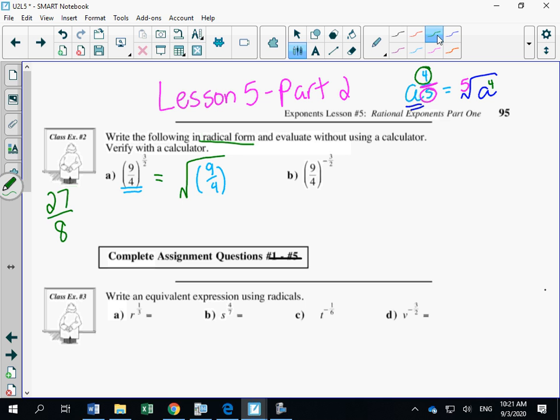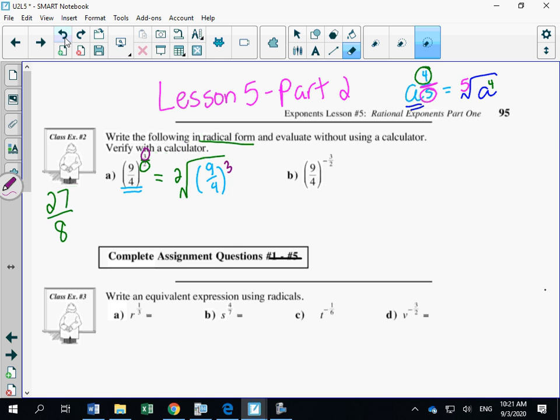Then I look at my fractional exponent, and I say my root is 2. I will erase it, I'm just going to write it for now. And my power is 3. Okay, so that's how I would do that. And then from here, we know that I could erase this 2.